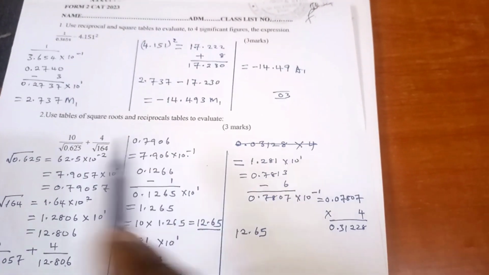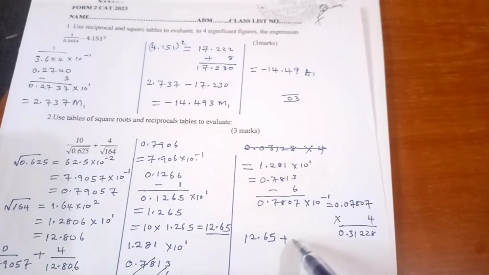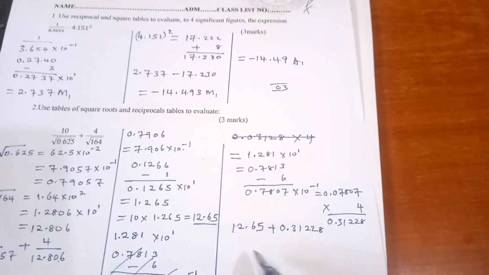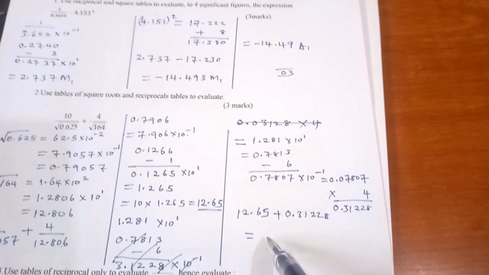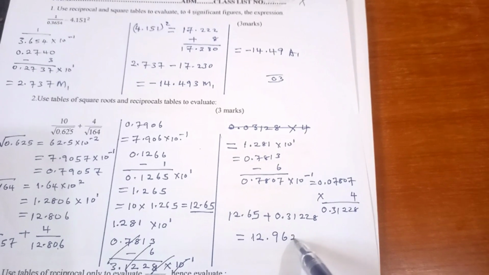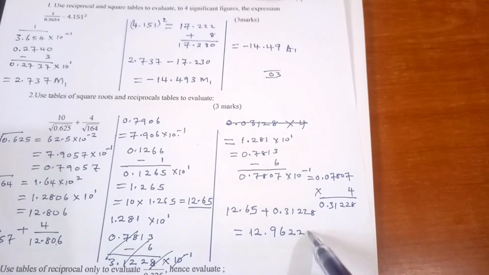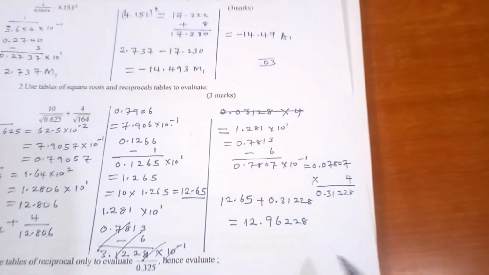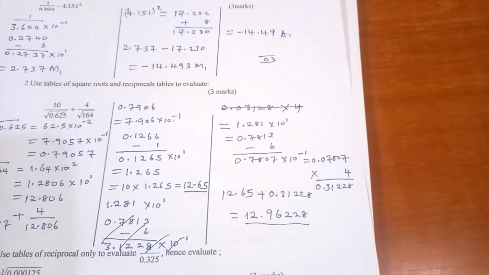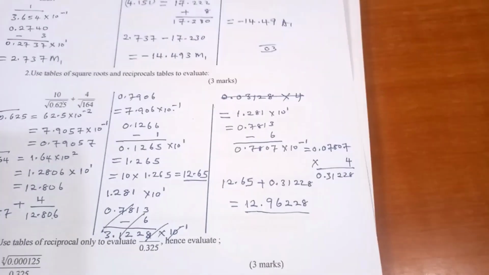We add to 0.31228, the answer to the second part, and we obtain the final answer as 12.96228. So the final answer should be given like that, no rounding off unless otherwise specified. So that is it.